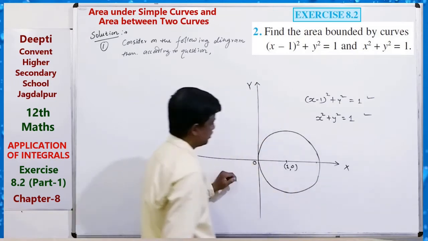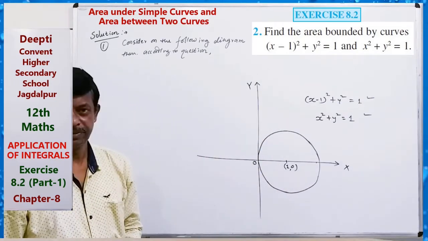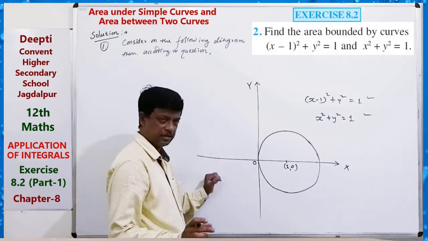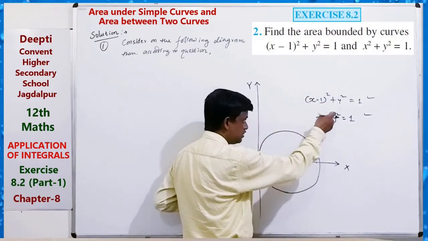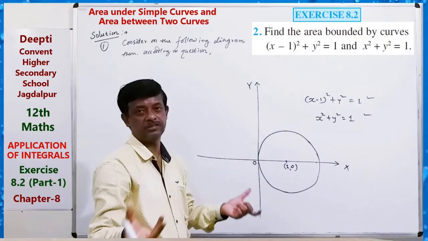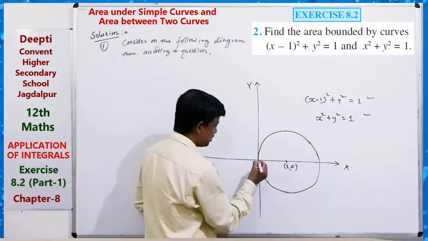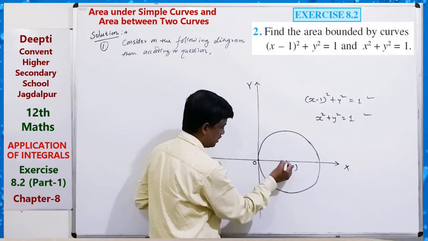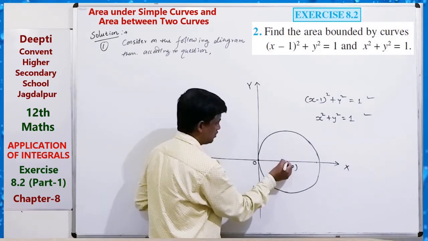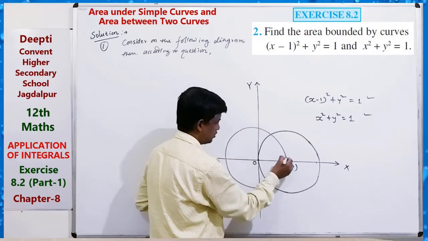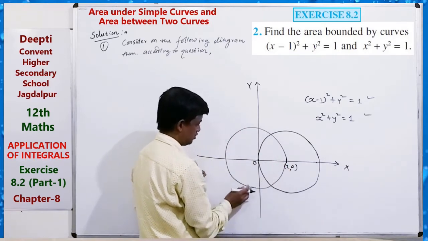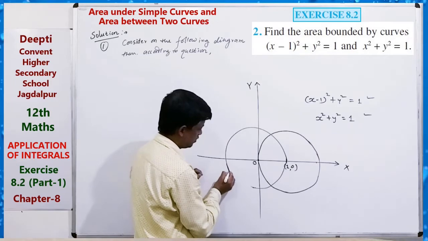So just draw the diagram. This circle has its center here, and this is the 0, 0 center with radius 1. We can draw like this.